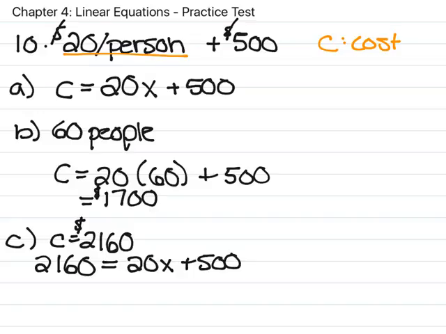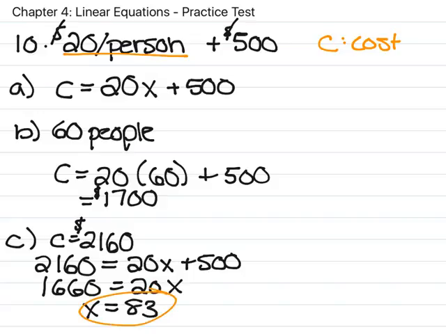So we're going to subtract 500 from both sides, which will give us 1,660, which will equal 20x. And then we're going to divide both sides by 20, which will leave us with x is 83. So there's 83 people. And that's it for the practice test.